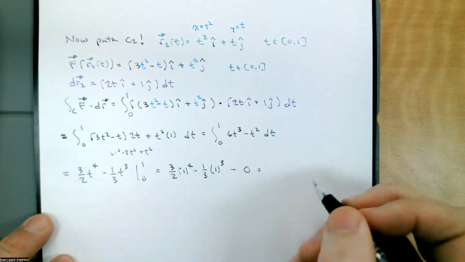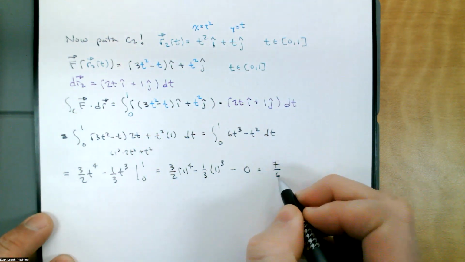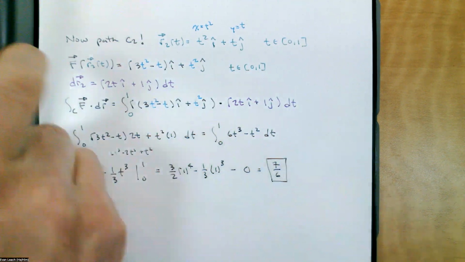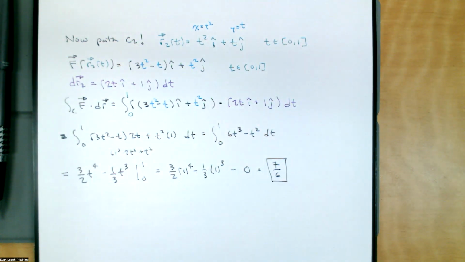So this time it's going to be 9 minus 2, 7 sixths. So we get a different integral along a different path.